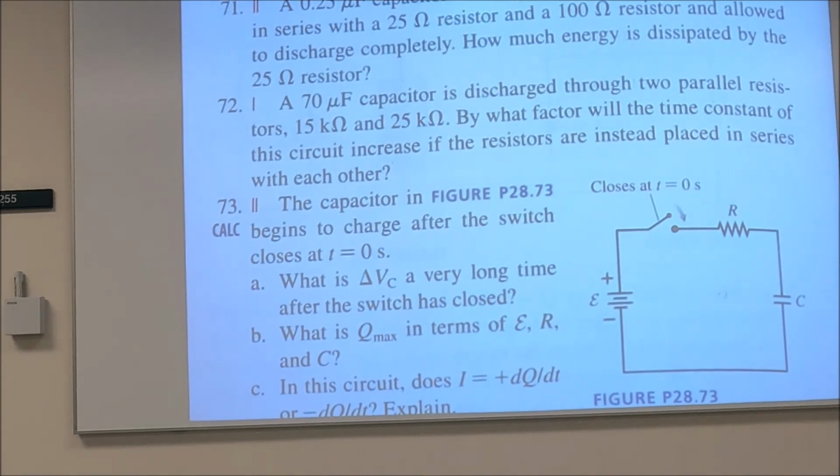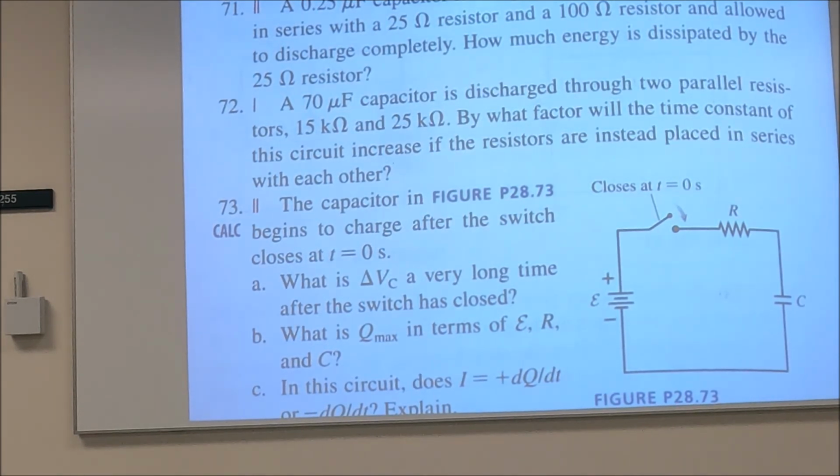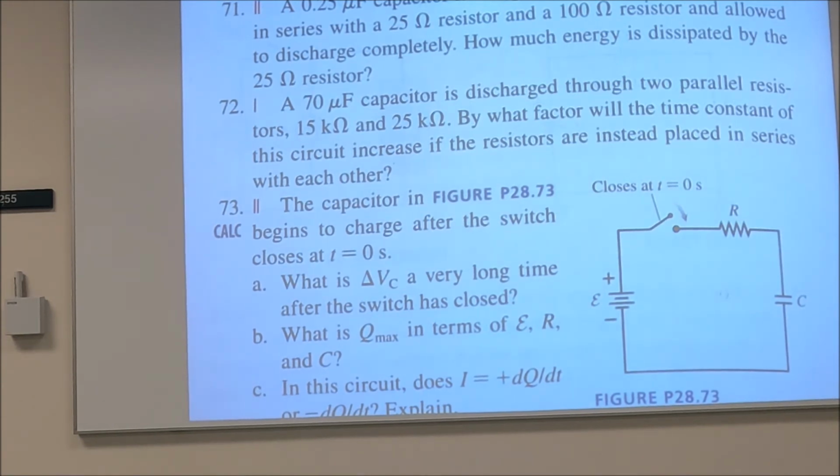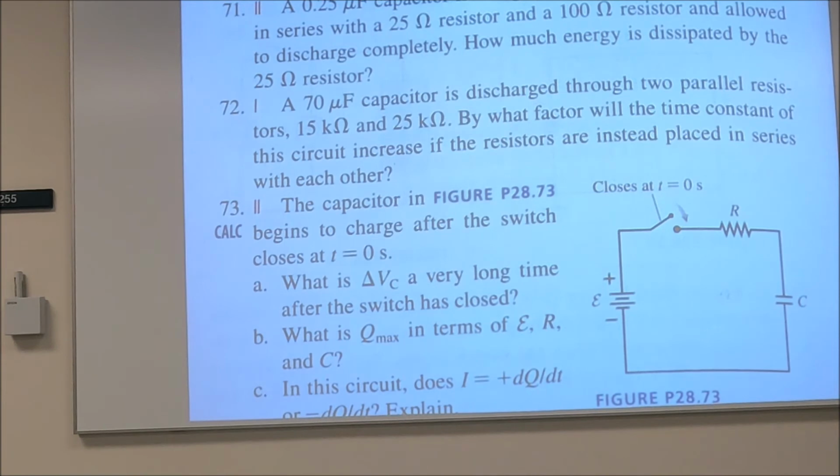It says a 70 microfarad capacitor is discharged through two parallel resistors, 15 and 25 kiloohms. By what factor will the time constant of the circuit increase if the resistors are instead placed in series? So, if I think about it to begin with, I have a 70 microfarad capacitor and it's discharged into two parallel resistors.